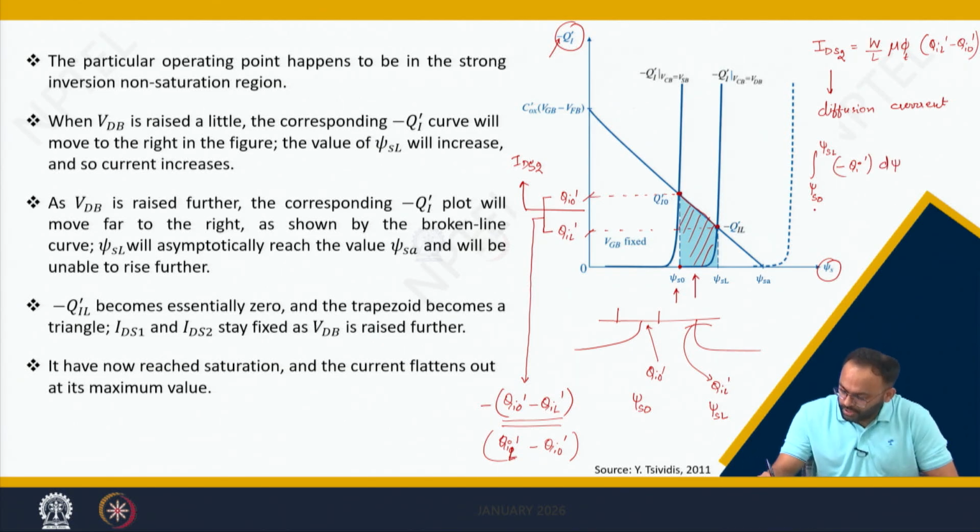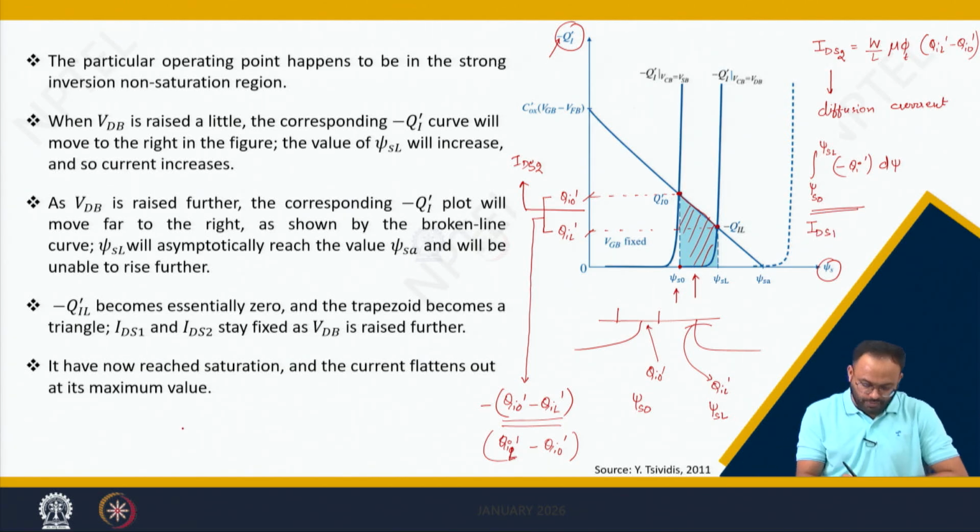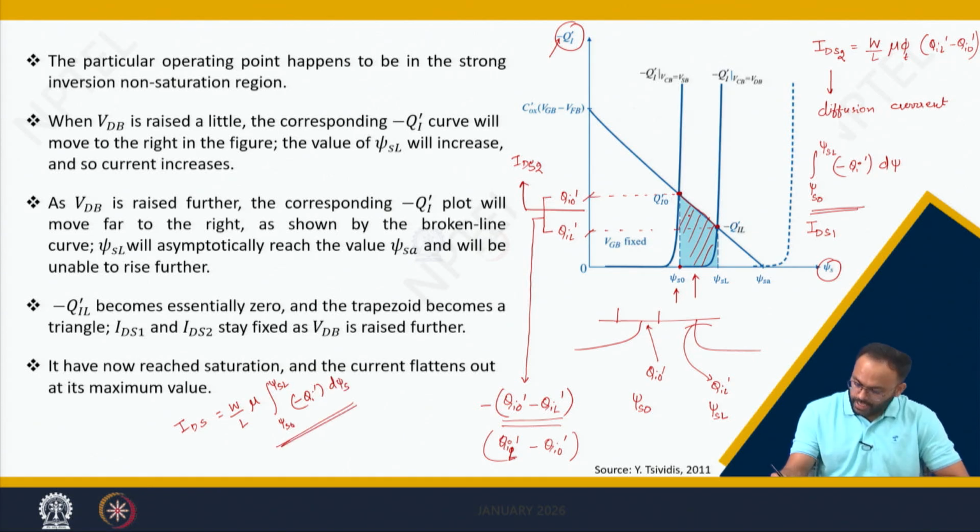If you remember, this is a part of our current IDS1, where IDS1 can be written as W divided by L mu into the integration from psi s0 to psi sl. It means the area of this region will give you the drift current.